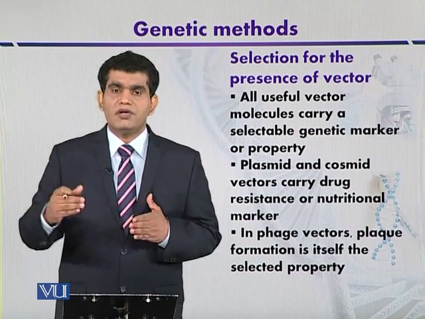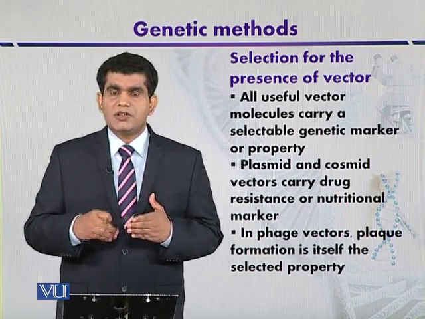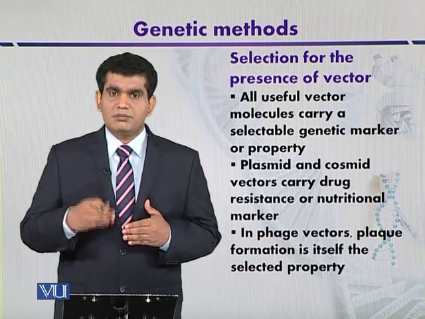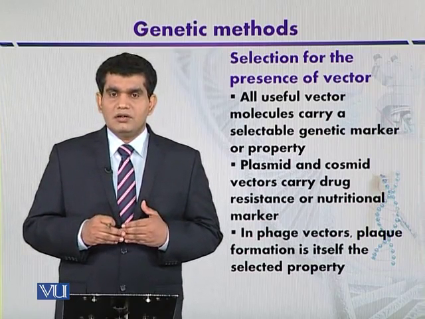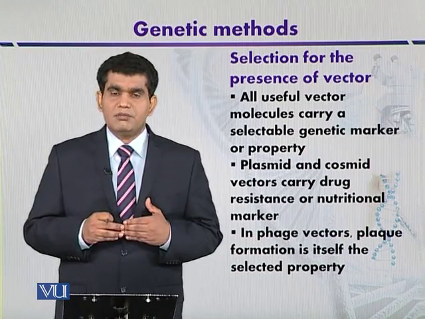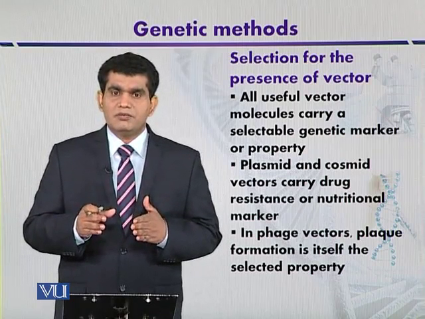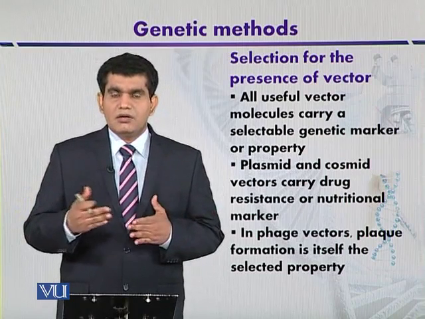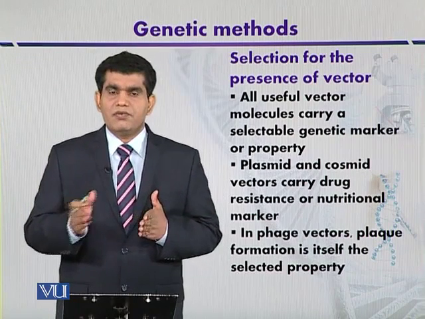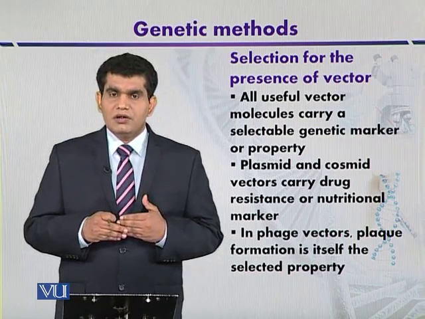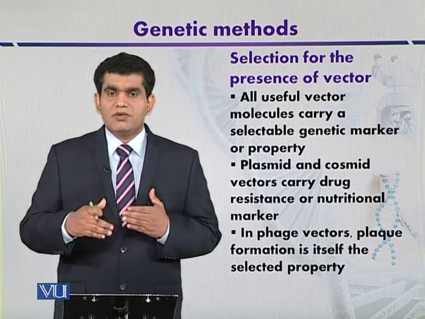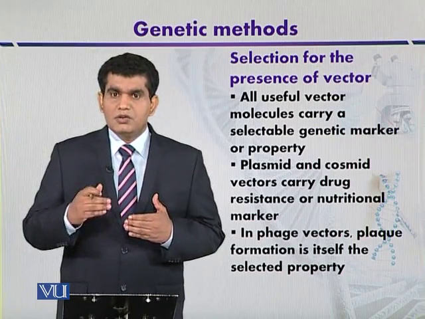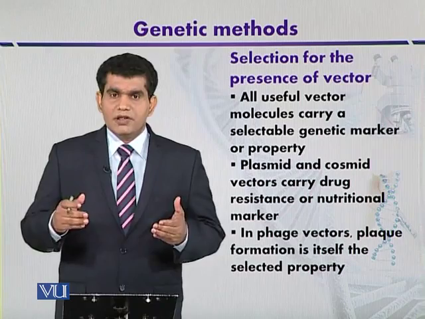On the other hand, if foreign DNA is inserted, the expression of the beta-galactosidase gene is inactivated, and we will get colorless plaques. So this strategy of genetic methods can be used to differentiate between the recombinant vector and the native DNA, or the parent vector. So this is one of the strategies by which we can use genetic methods to detect our recombinant vector.